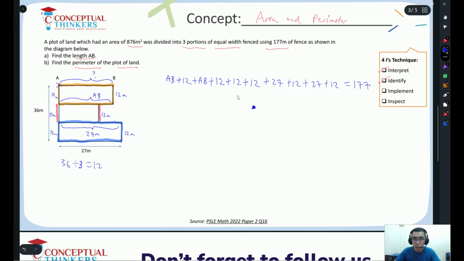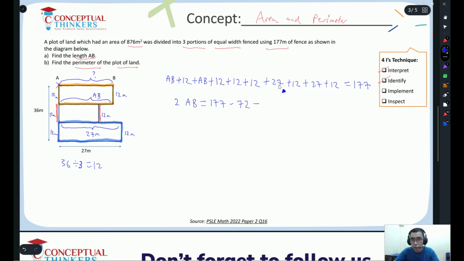Let's do some calculation. I'm going to bring all the numbers to the other side, so that's 2AB equal to 177, and I'm going to minus away all this. How many 12s do I have? 1, 2, 3, 4, 5, 6. Six of them, so 6 times 12 gives me 72.